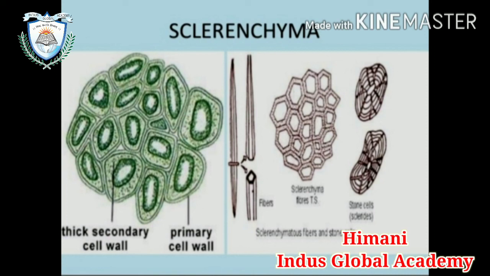They can also be found surrounding the vascular bundle that contains xylem and phloem. The main function of sclerenchymatous tissue is to provide rigidity and mechanical support to the plant body. They also make the plant stiff and hard. That's why they are present in the husk of the coconut.